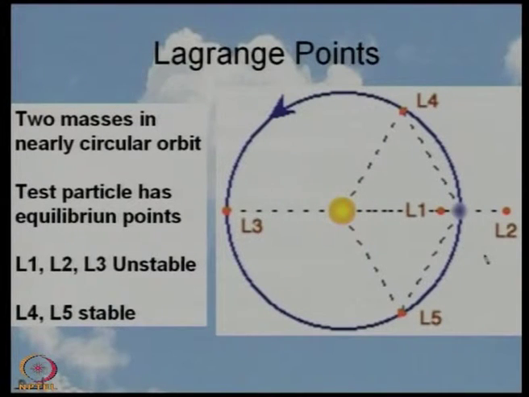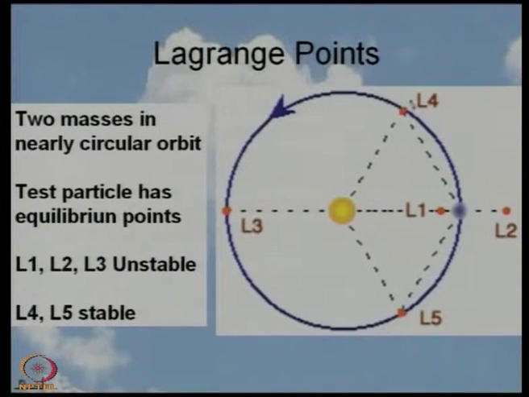They are called the 5 Lagrange points and they are referred to as L1, L2, L3. L1, L2 and L3 are collinear with the 2 masses. And L4 and L5 are the 2 other Lagrange points.